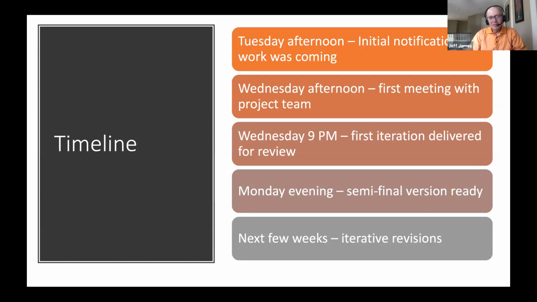On timelines, the initial meeting was Tuesday afternoon, when we learned we were going to have to do something. Wednesday afternoon, we had the first meeting with the project team and realized they had been working on this React JS thing for probably a week or two.